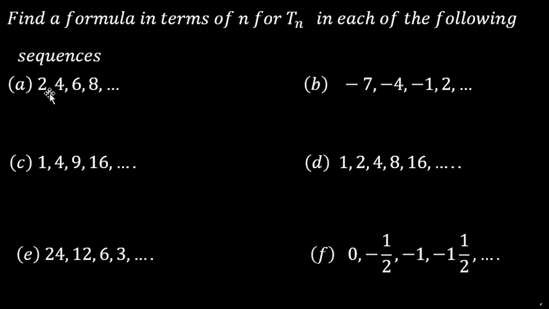The next one is 1, 4, 9, 16. The other one is 1, 2, 4, 8, 16. And the E is 24, 12, 6, and 3. And the last one is 0, -1/2, -1, -1, 1/2. So let's begin.